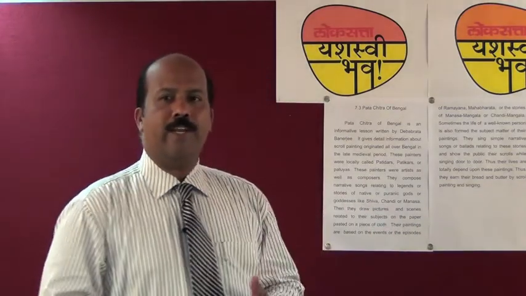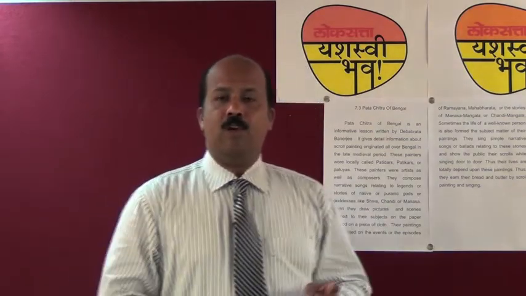For example, I have already told the E type of question based on this unit, that what is the difference between classical dance and modern trends in dancing. Okay, second E type of question will be, do you like any dance form and why? Here you have to write the dance form which you like very much and why you like it. That is very, very important.